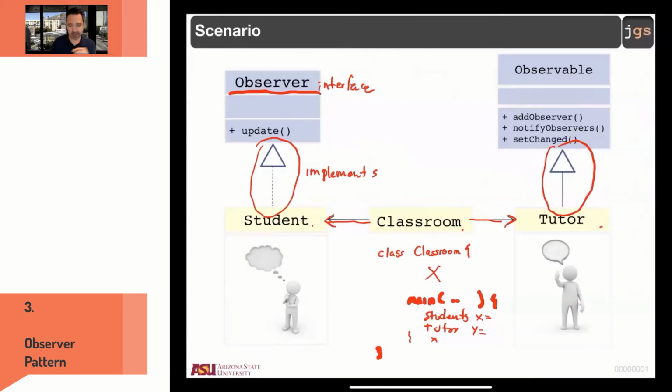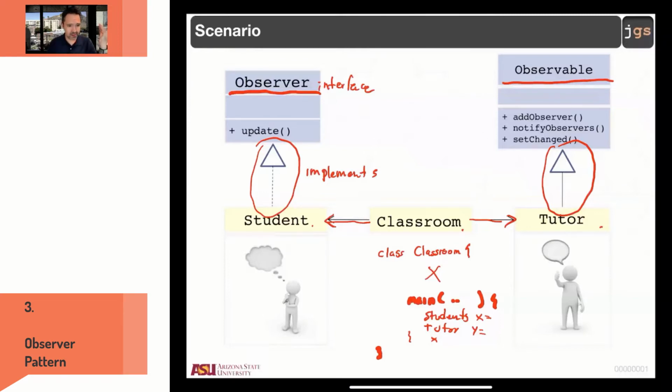On the opposite side, we have what the original pattern called the subject. Java changed the template. Instead of using the name subject, Java called it Observable. The subject, the observable.